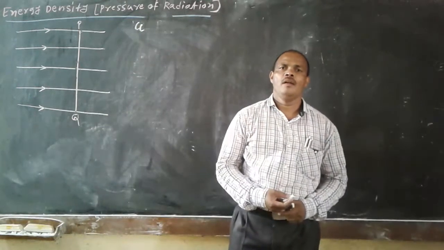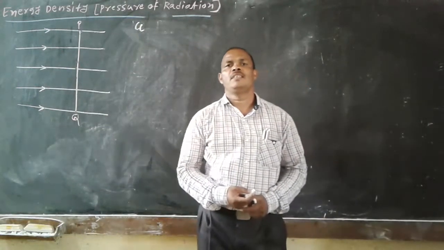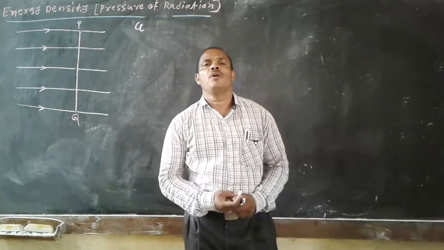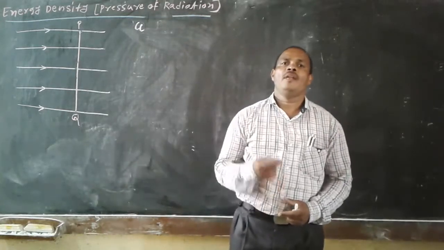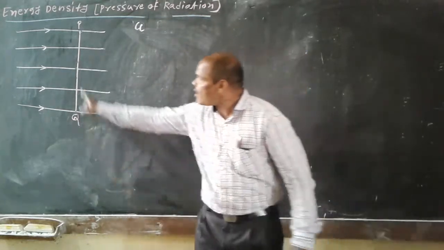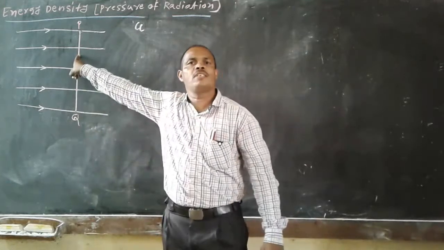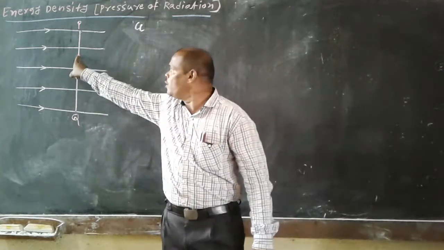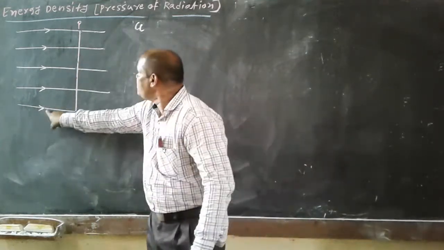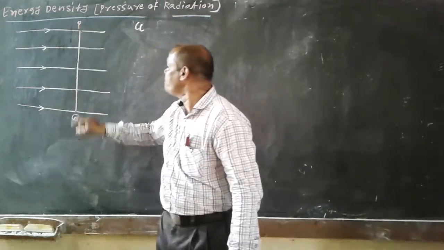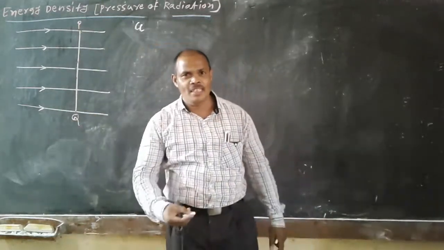Then we know that radiation possesses all the properties of light, and when the radiations are incident on a surface, say PQ, what happens?